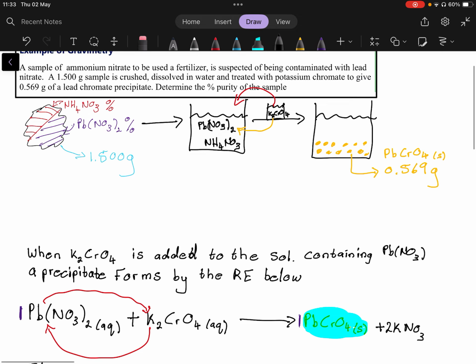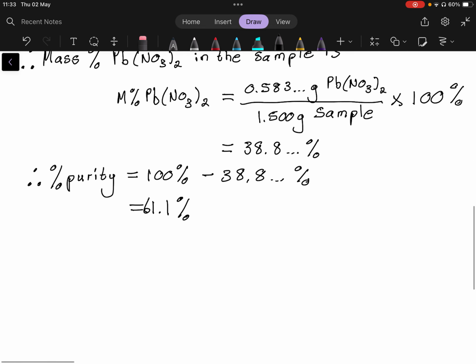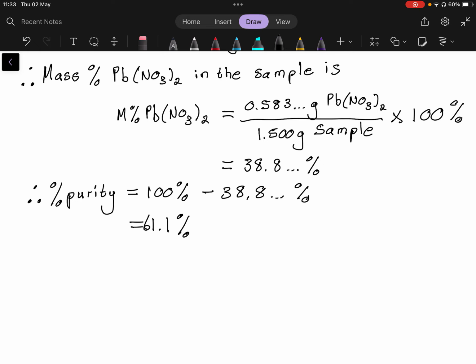Three significant figures. Why? We're given three significant figures. So 1.500 is 4, but 0.569 is three significant figures. So there we go. That is what it is.